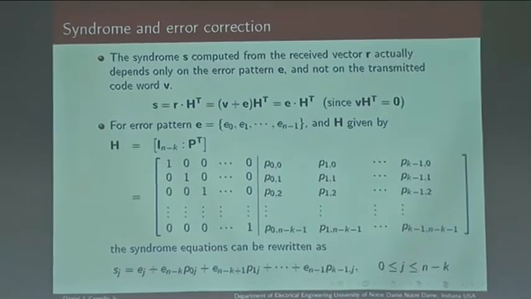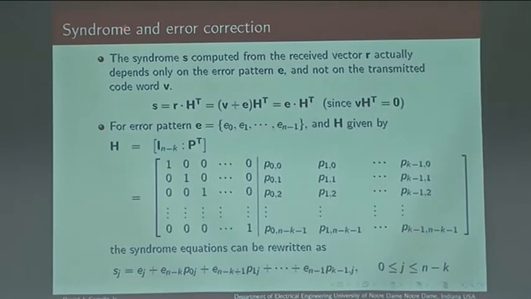In general, the error pattern is an n-bit vector, and H is given by this form. So these syndrome equations, for example, for j equals 0, it's actually E times H transpose that we're computing. So we're really taking the inner product of E with the first row of H here to get S0.